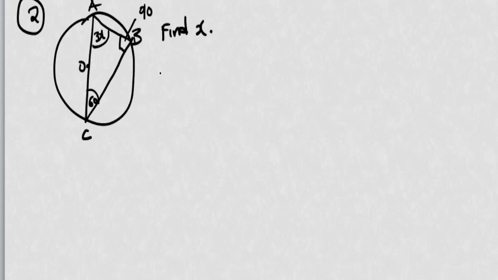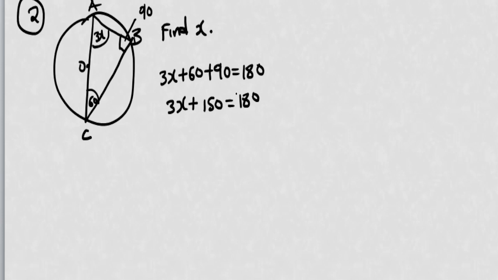So therefore, if I say angle 3x plus angle 60 plus angle 90, this should give me 180 because we are looking at a triangle. Then this would be 3x, then 60 plus 90, I'll get 150, then this should give me 180.